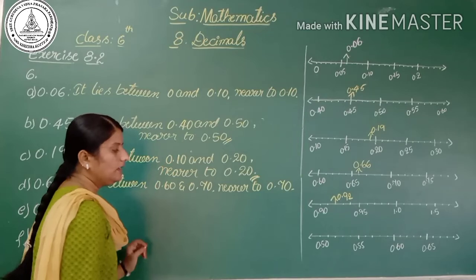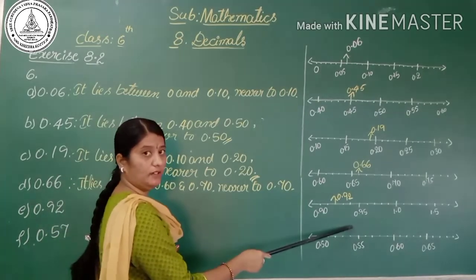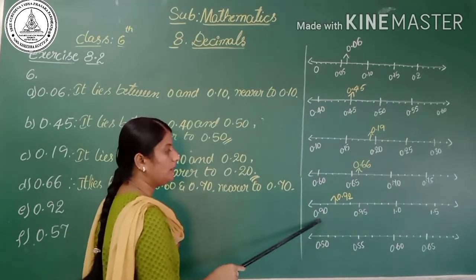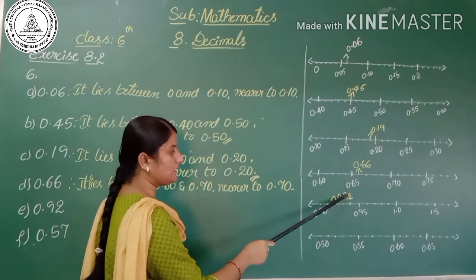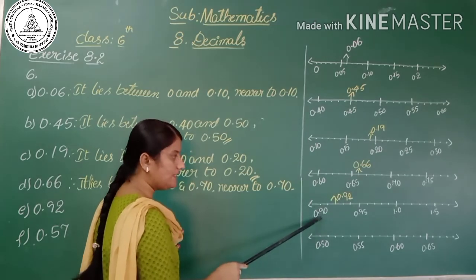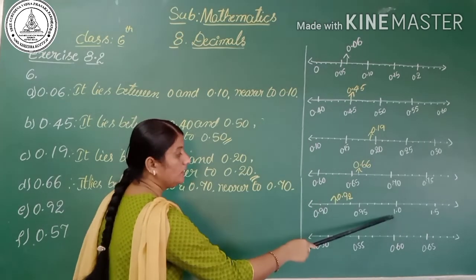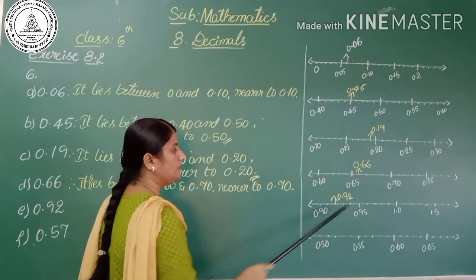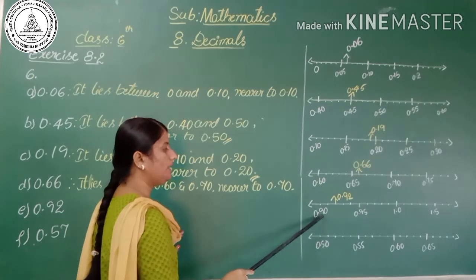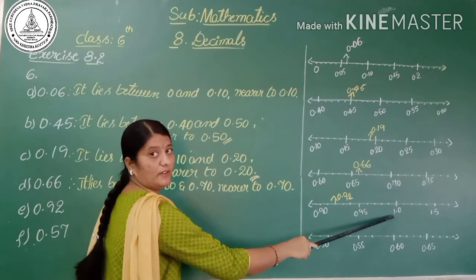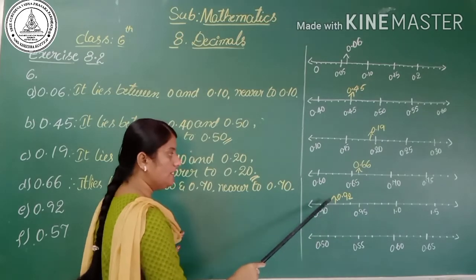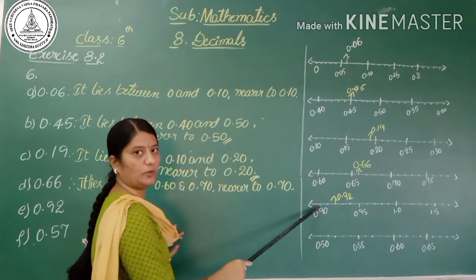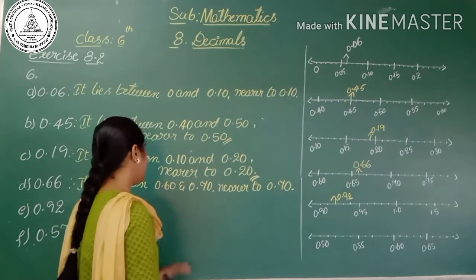Now can you see which numbers it lies between? The number 0.92 lies between 0.90 and 1, right? The number lies between 0.90 and 1, and it is near to 0.90. Yes, write down here.